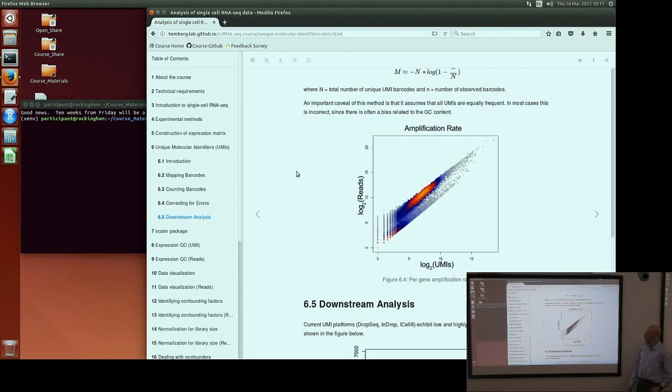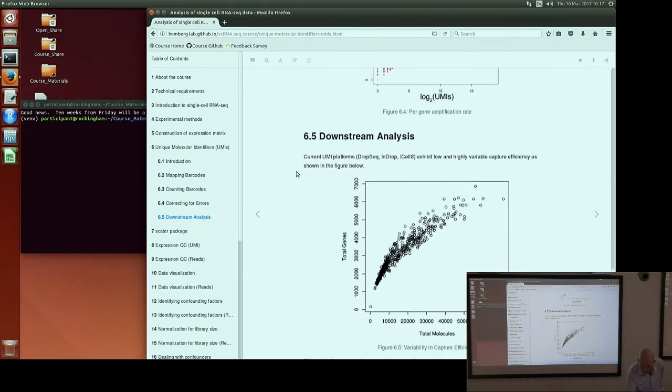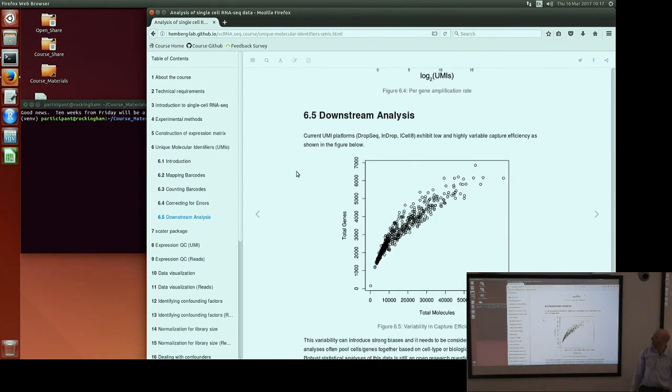Once you process this data, you can try to get the estimate for the number of unique genes and the number of total molecules per cell, and we can try to plot those against one another here.